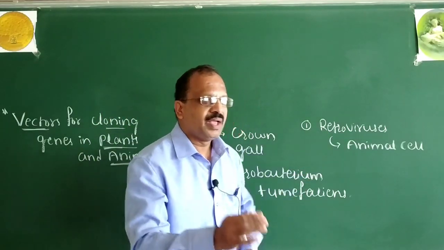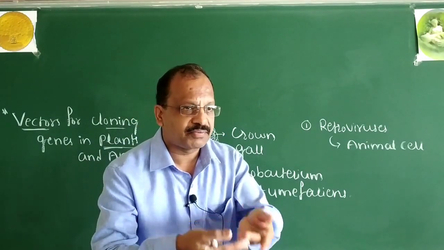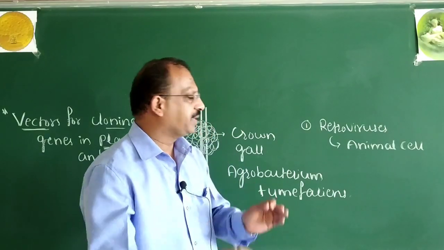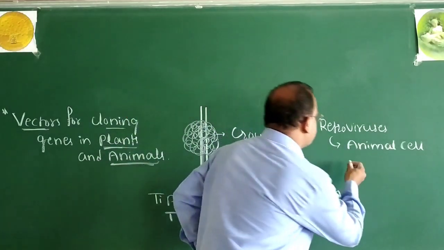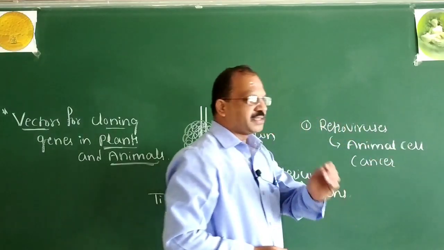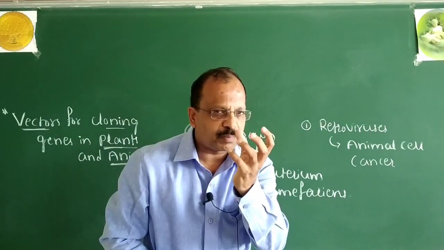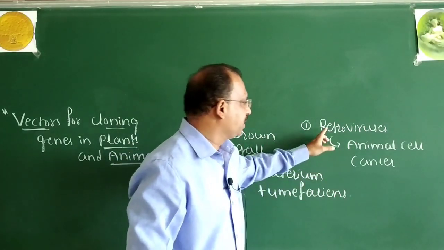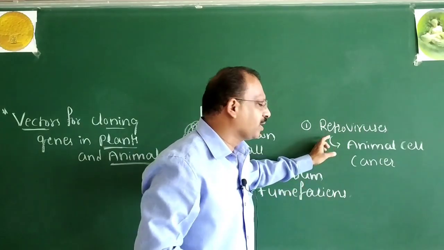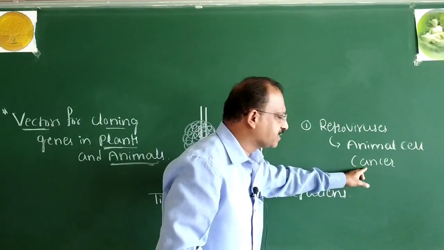I hope that you know cancer. Cancer is an uncontrolled division of the cells leading to the formation of tumors. Retroviruses have the capability to convert the normal animal cell into cancerous cell.